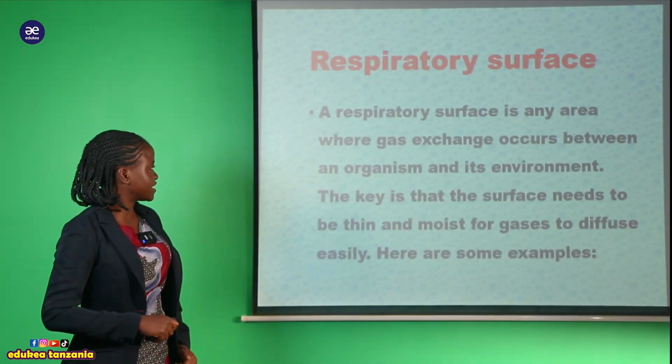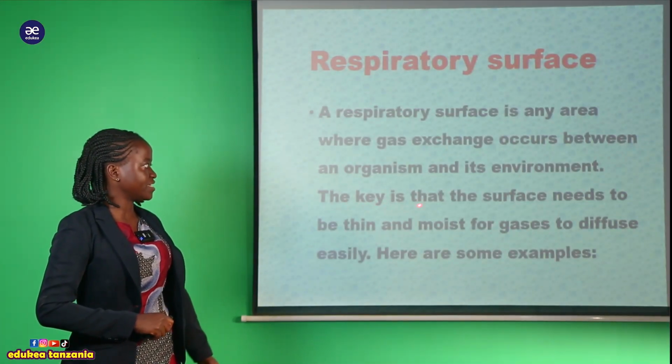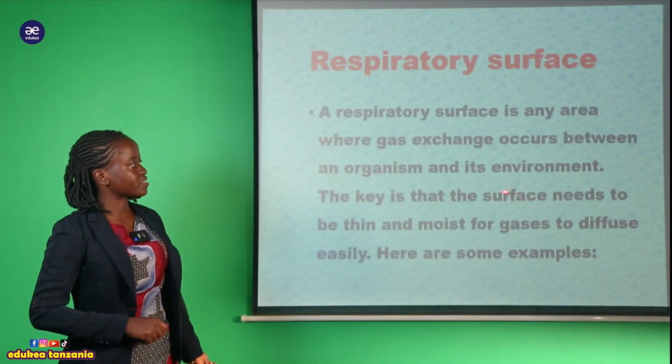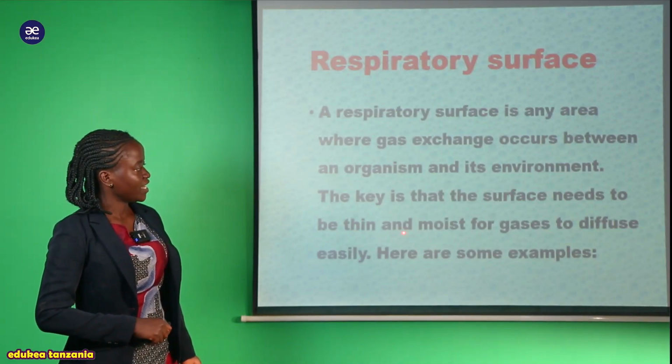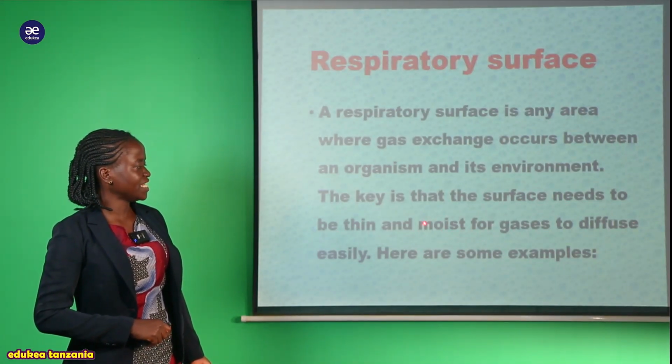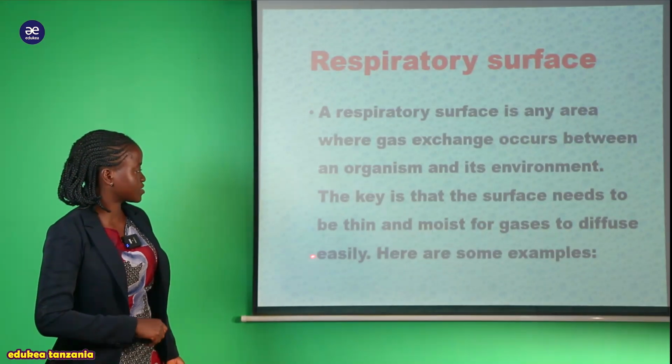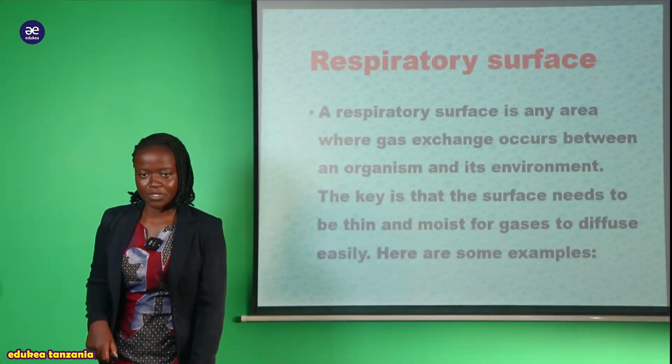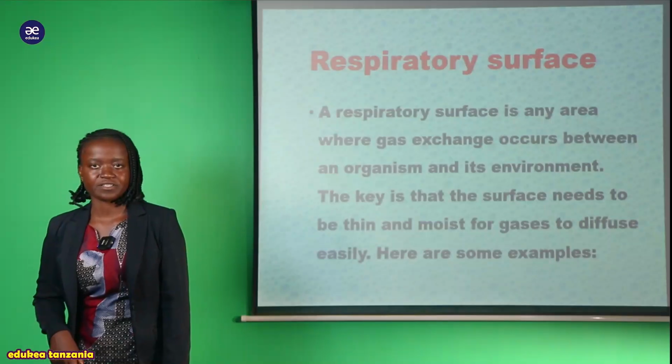But also we are saying that the key is that the surface needs to be thin and moist for gas to diffuse easily. So here are the examples of the respiratory surface.